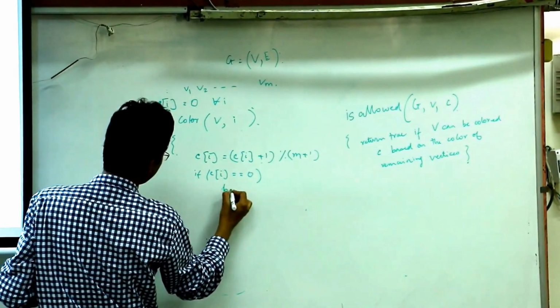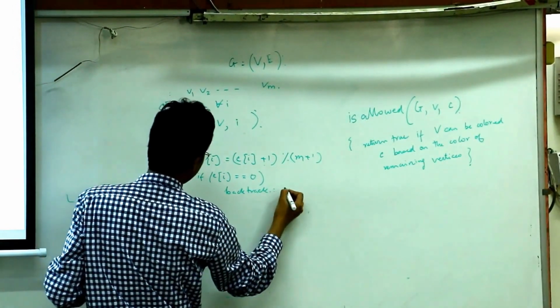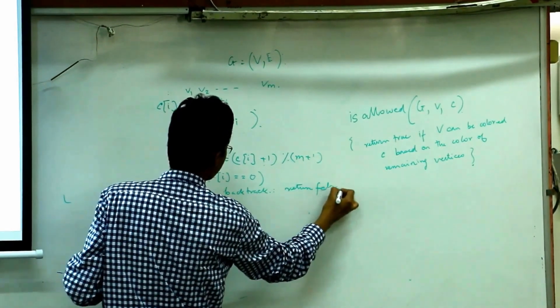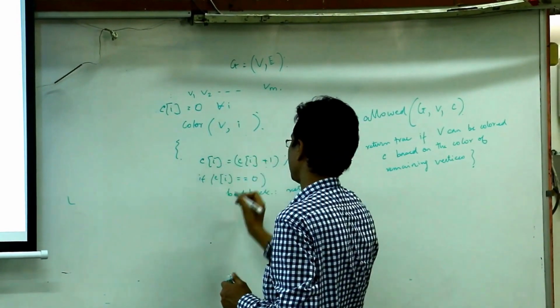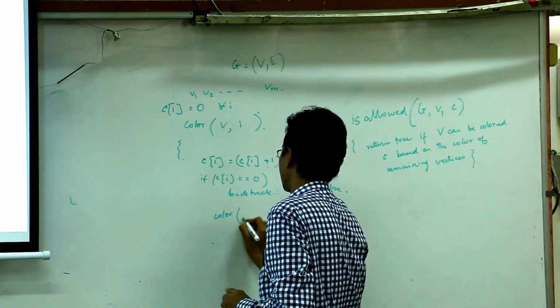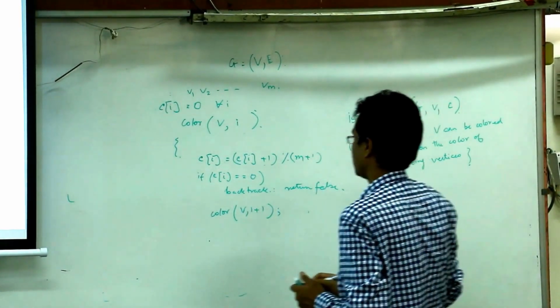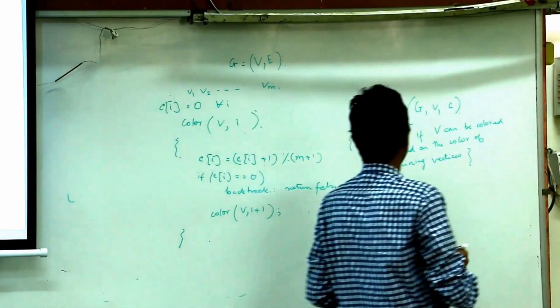You have to backtrack, so return false. Else you will try to recursively call color Vi plus 1. That's more or less the routine.